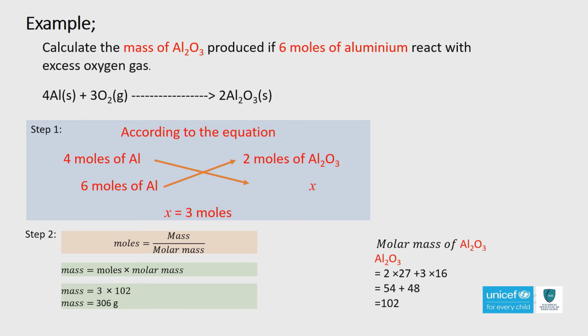So 2 times 27 is the atomic mass of aluminium, 3 times 16 is the atomic mass of oxygen. So the total molar mass is 102. When you work it out, 3 moles into 102 gives us 306 grams for this question.